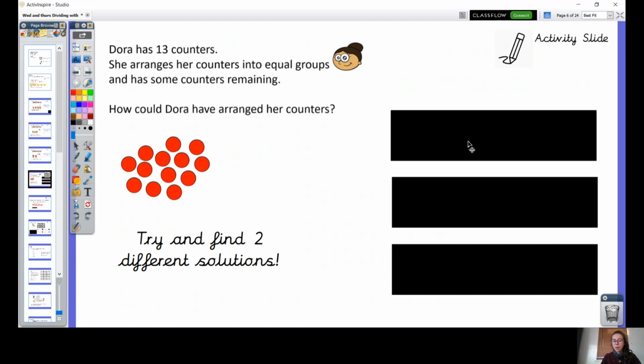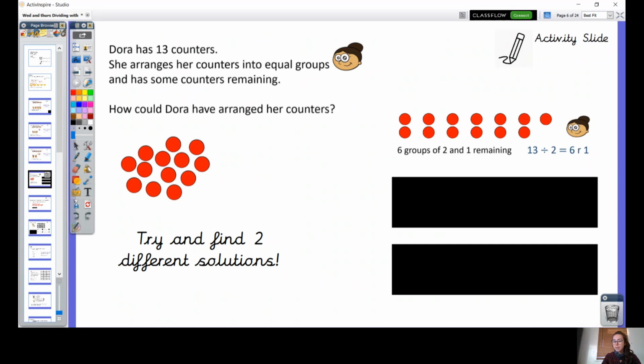Okay, well done. So let's go through a few ways you might have come up with. So you could have grouped them into 2s and had 1 remaining. 6 groups of 2 there was, and 1 remaining. So that's 13 divided by 2. You had 13 to start with. We've grouped them into 2s. So that's 6, remainder 1.